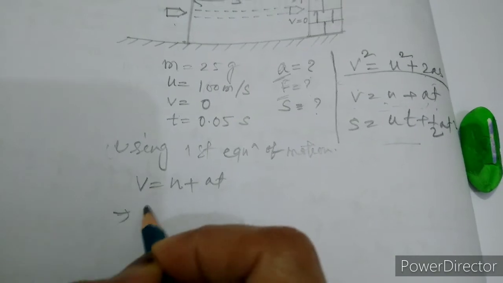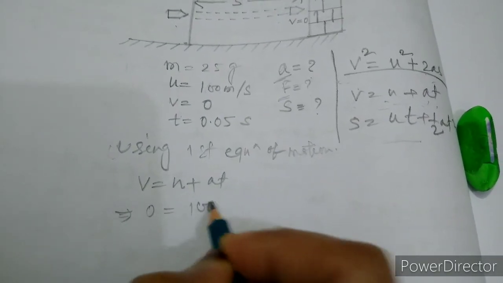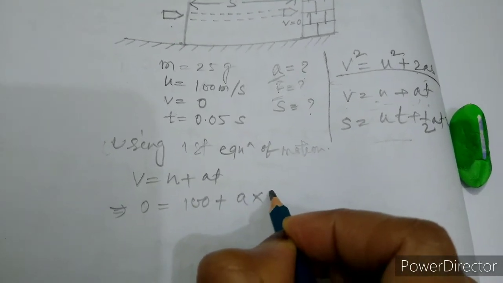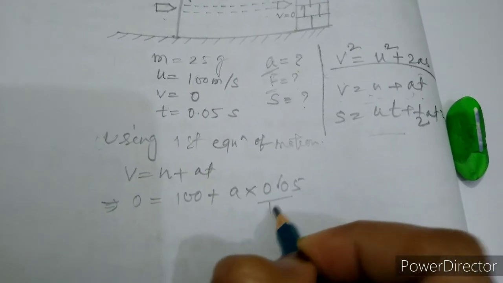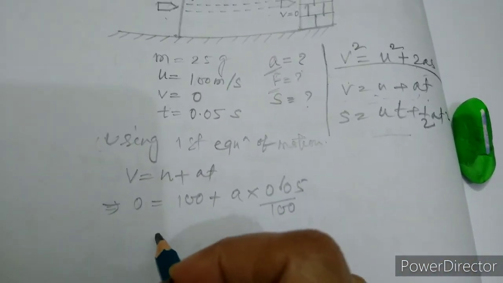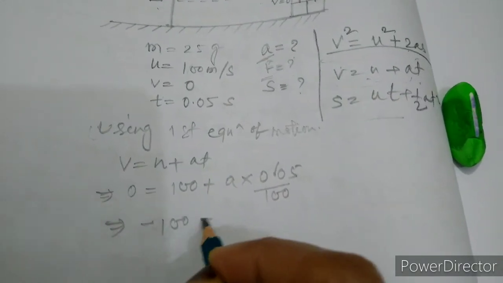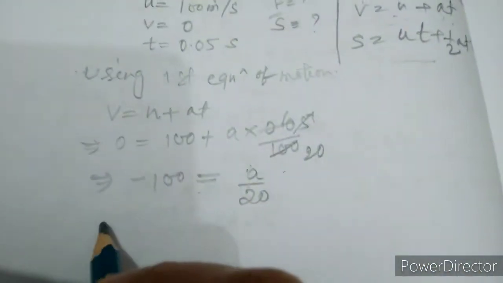So v is equal to 0, u is equal to 100 meter per second, plus a you don't know, and t is equal to 0.5 second. So it will become minus 100 is equal to a by 2.